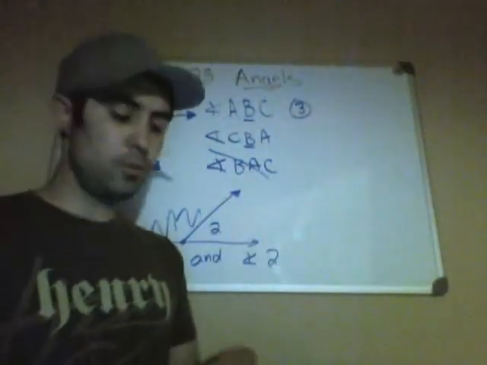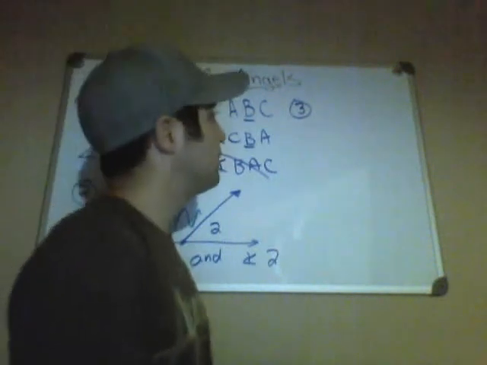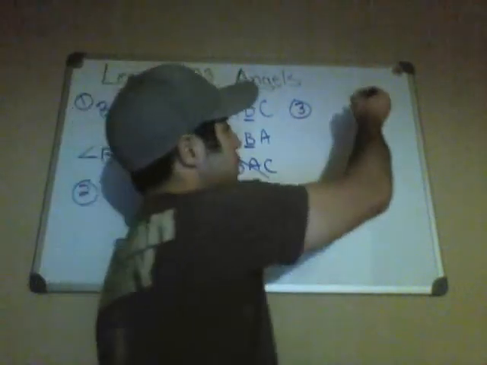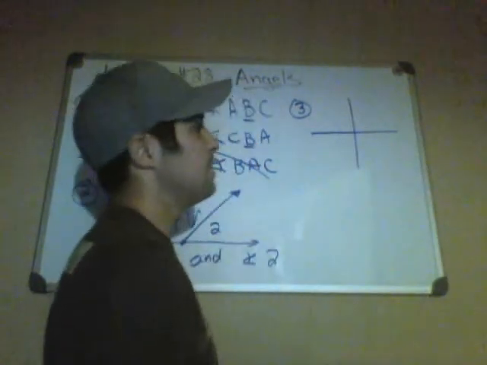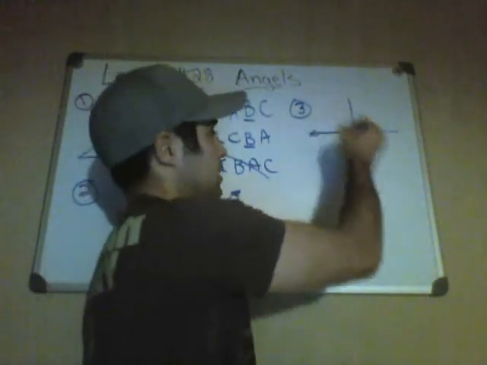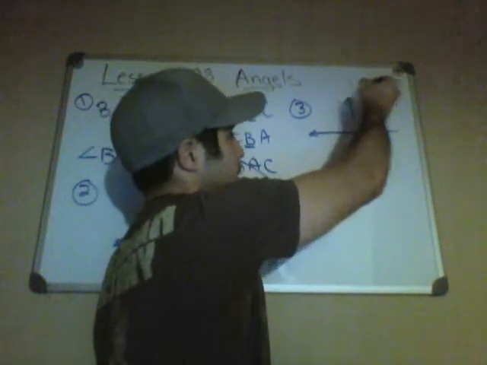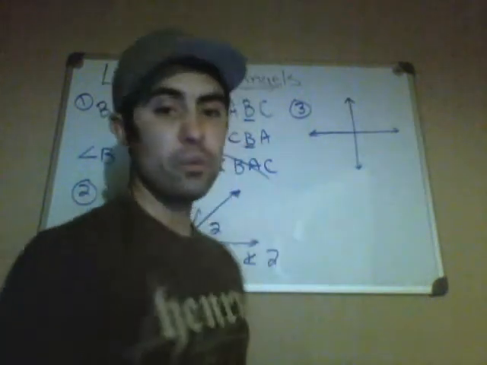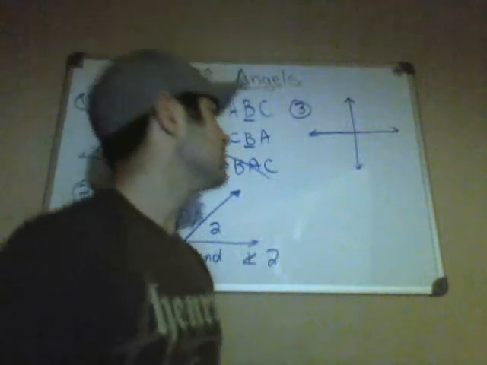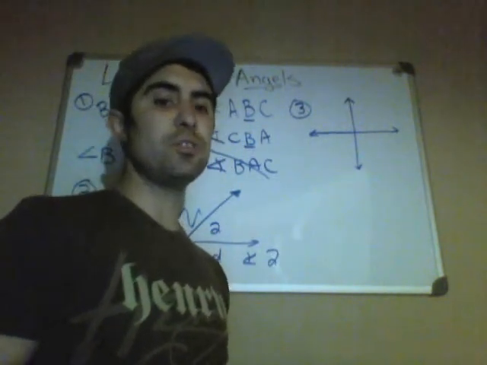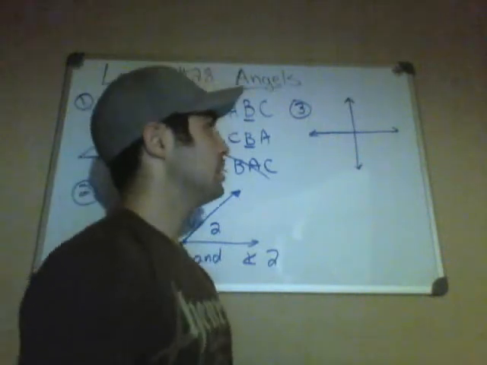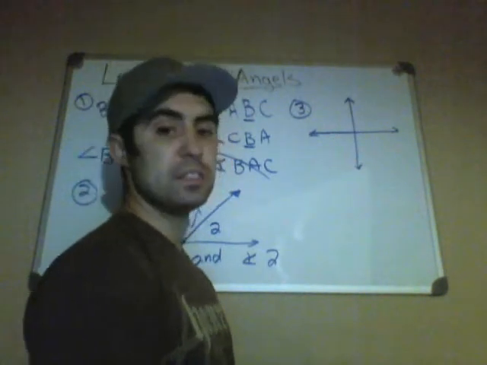Okay, I'm going to talk a little bit more about perpendicular lines. If there are two lines that intersect, they form a 90-degree angle. 90 degrees is an important angle. We use it in a lot of different situations. But that 90-degree angle has a special symbol to note that this is 90 degrees.